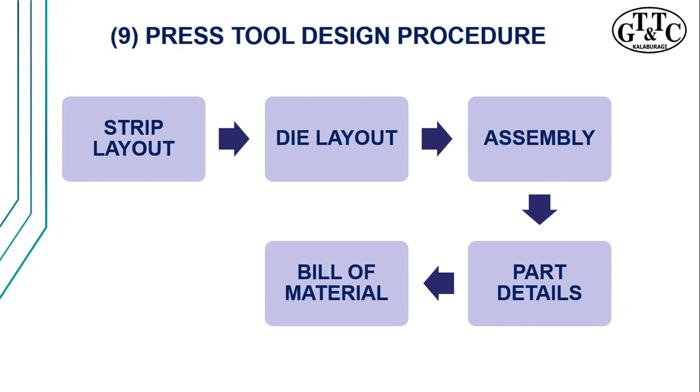And then with the different part details, it can be punch parts. Sometimes all the part drawings have to be generated. So the part details are important, and then the bill of material, which you call a part list. So in the right pattern, a design should be presented with a strip layout, die layout, assembly, part details, and bill of material.